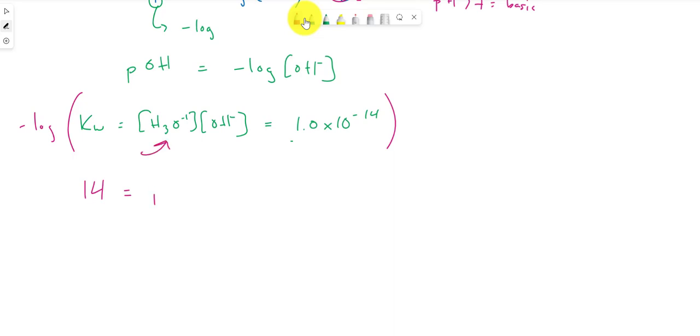Well, we just said that was pH, and the negative log of OH- is pOH. And so pH plus pOH has to equal 14. And so that's the origin of the pH scale being from 0 to 14.